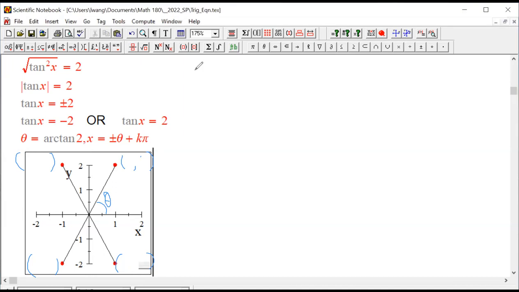And then the red. So this is 1, this is -1, this is -1, and this is 1.